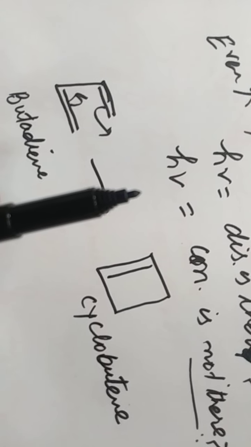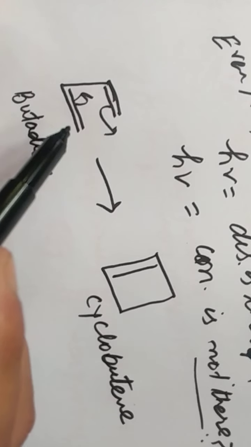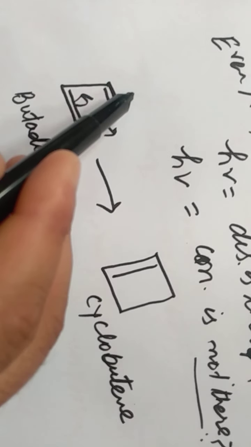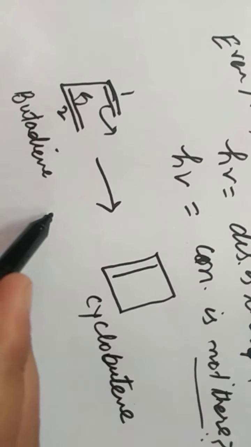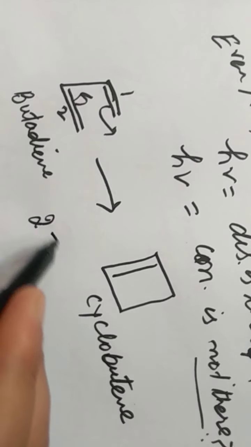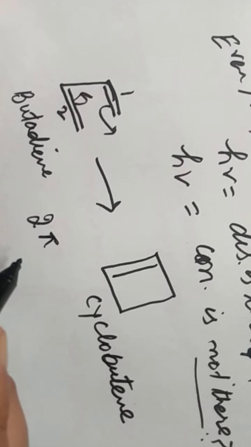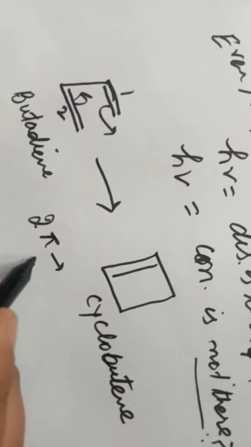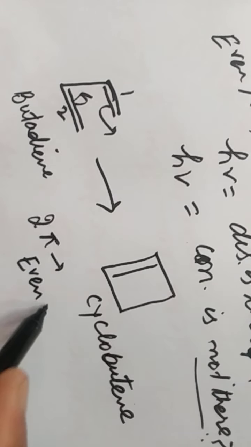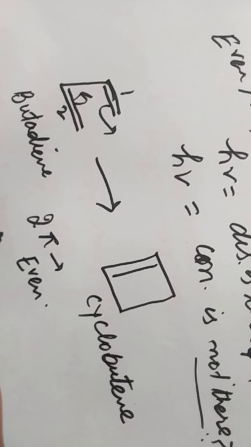We take the example of butadiene. This is butadiene. In this case, there are two conjugated pi bonds, which means an even number of pi bonds.